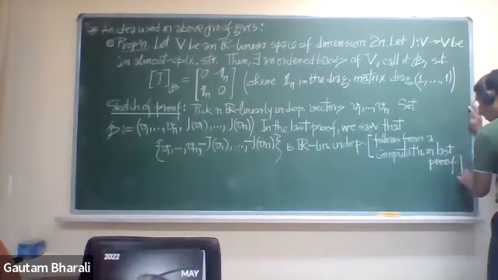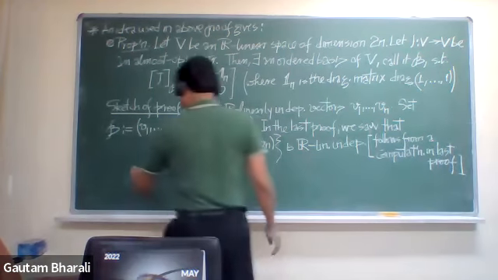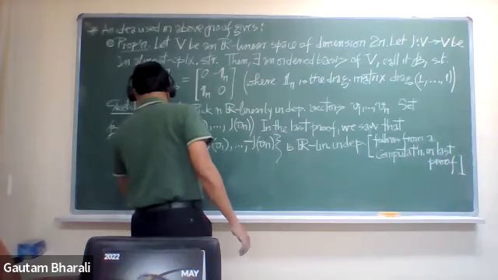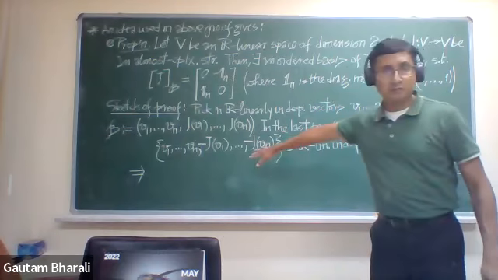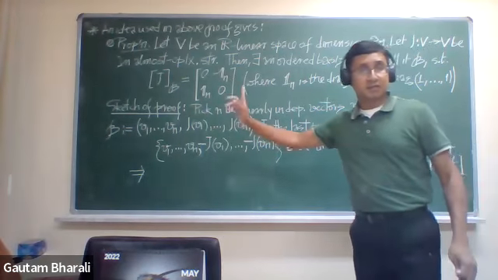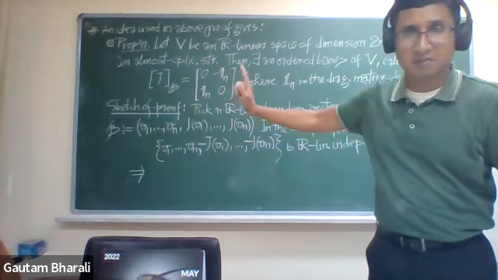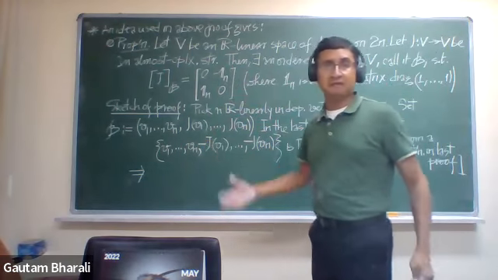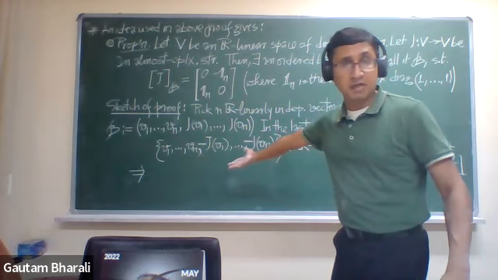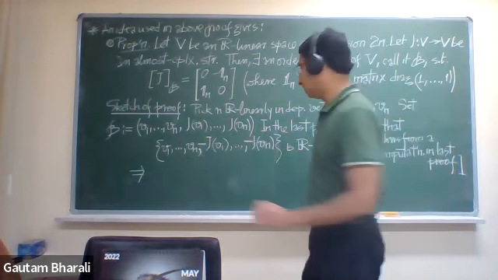Right. So you see the difficult part of this proof, of which I'm just giving a sketch, is really to prove this is linearly independent. Since we are in a finite dimensional vector space, this has 2n elements, if I prove this is linearly independent, it'll automatically span.